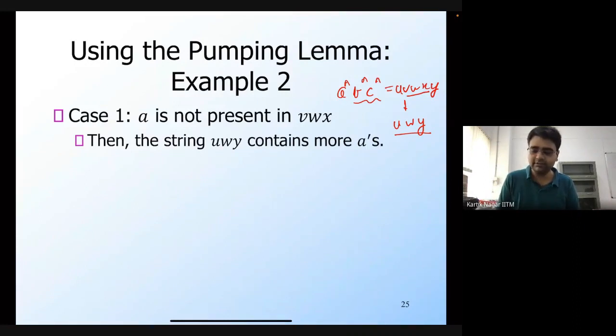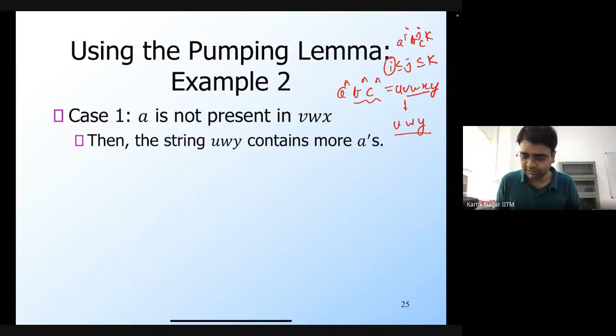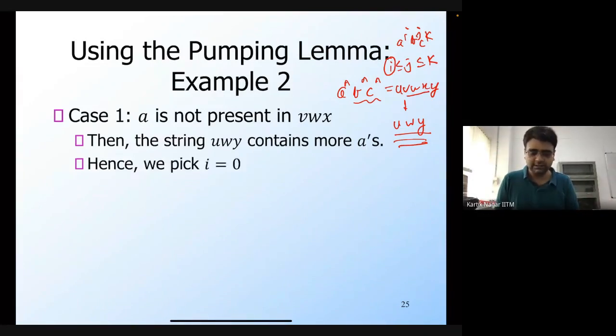But remember that our language was a^i b^j c^k, where i is less than or equal to j is less than or equal to k. But in this string uwy, the number of a's is now more than the number of b's or the number of c's. So that's why the string uwy is not in the language, and hence we can pick i equal to 0.